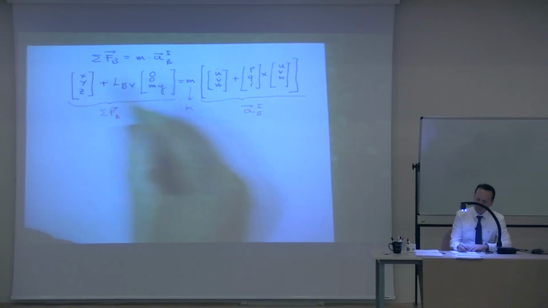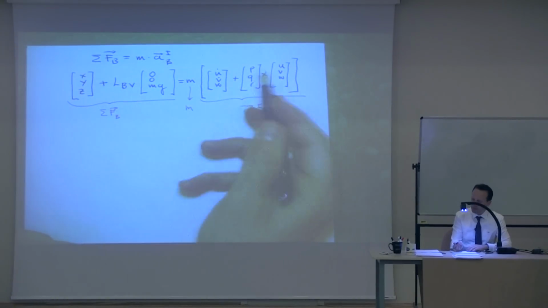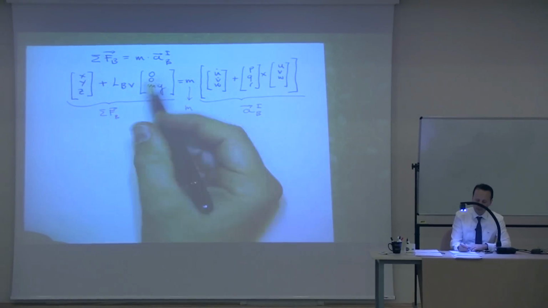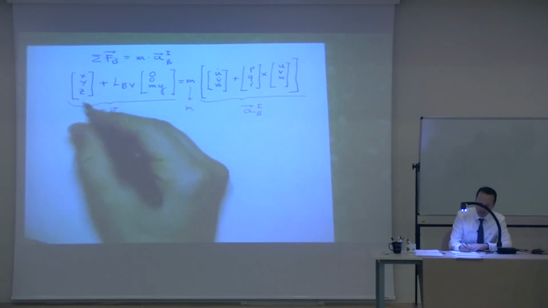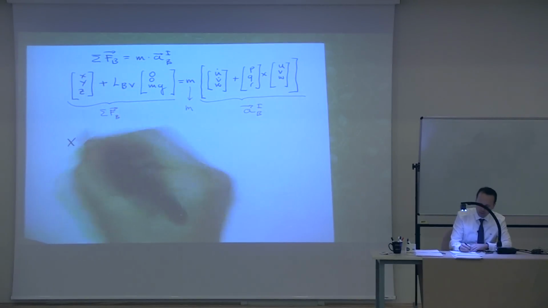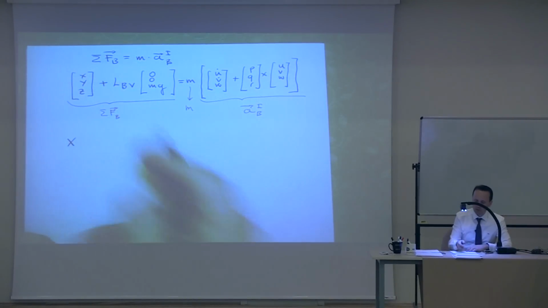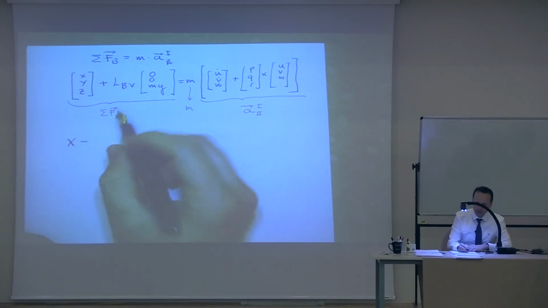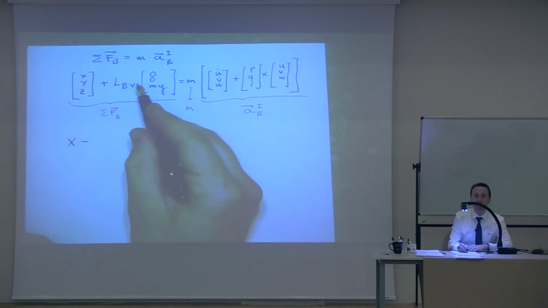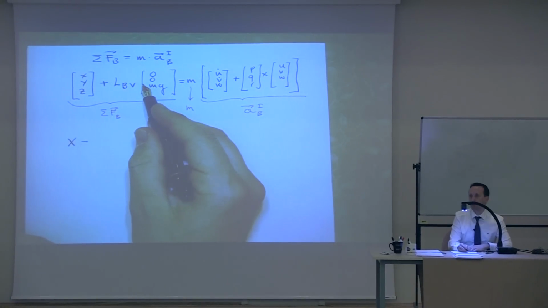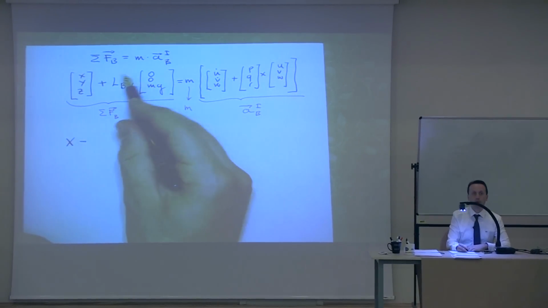Now we can write everything. Now write the first line, for example. Let's solve the first line. The first line would be x. Now I can write this equation by equation since this is a vector equation. Minus. Now you have to look at LBV. We had this in our equations. The transformation matrix.